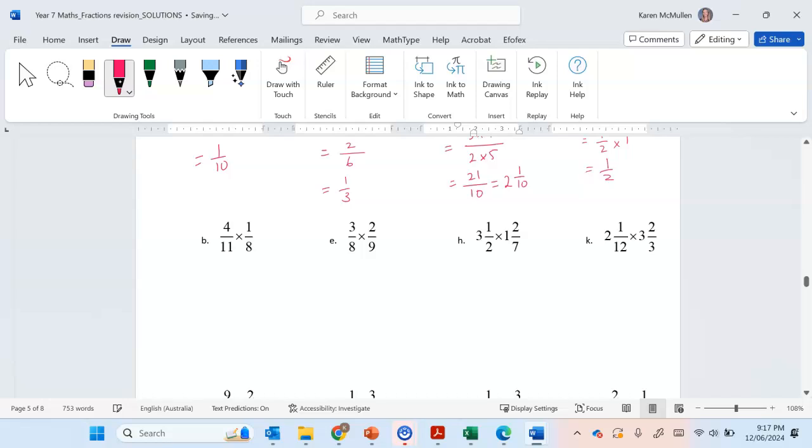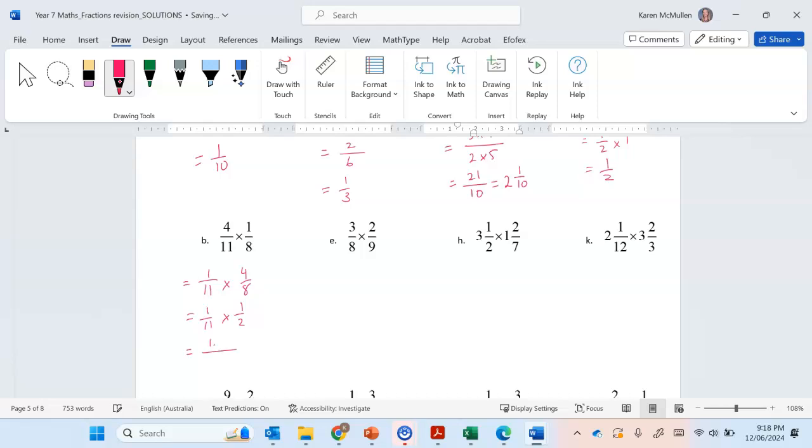All right, so question B, again, you can switch your numerators. You're not going to be able to switch them for everyone, or you're probably not going to want to, but if you ever get stuck, just switch them over. So I'm going to have 1 over 11 times 4 over 8. And 4 over 8 simplifies to 1/2.